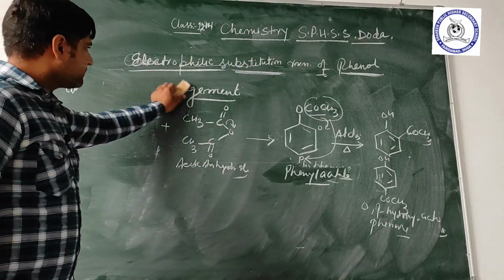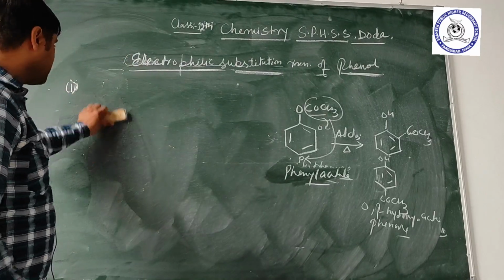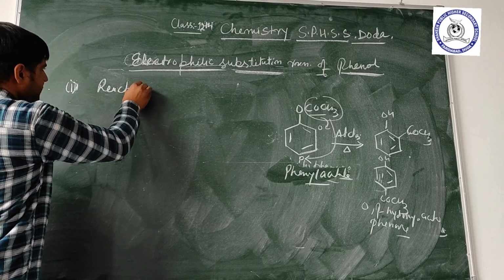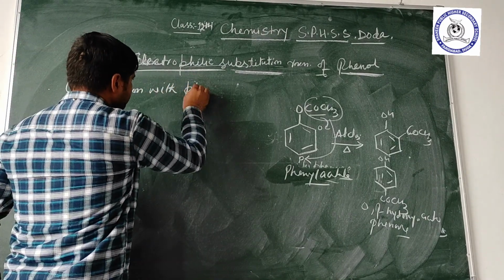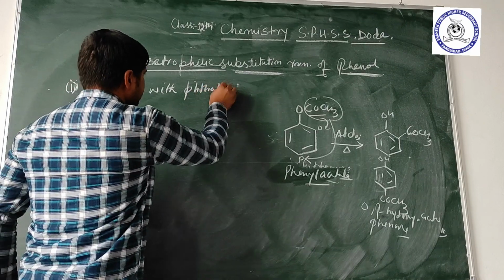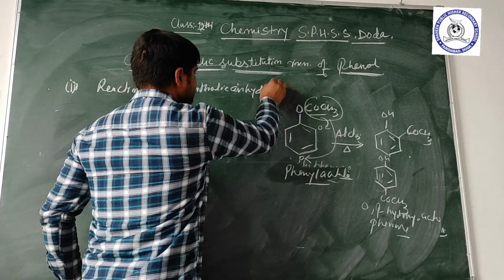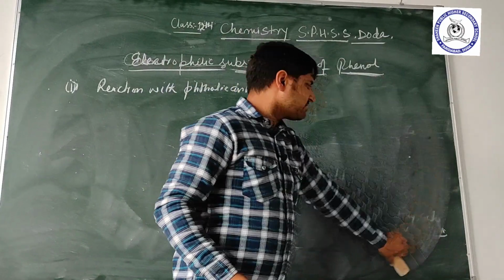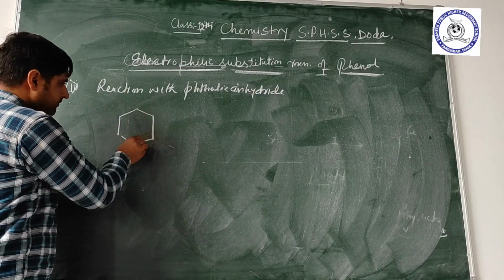Next is reaction with phthalic anhydride. In this reaction, this is the general formula of phthalic anhydride.